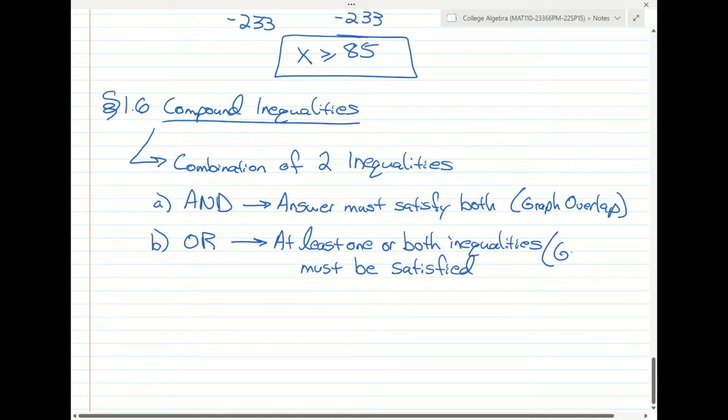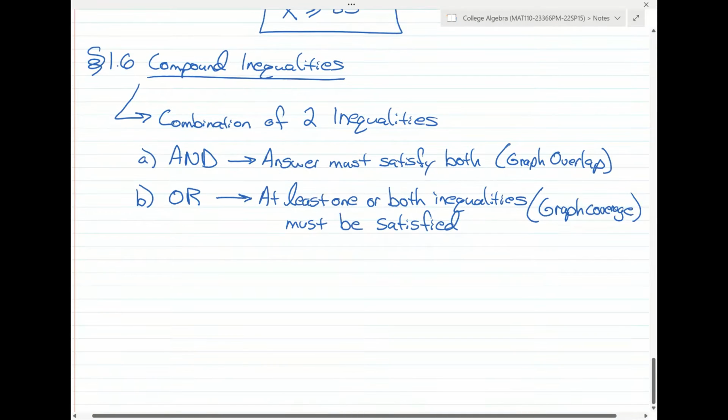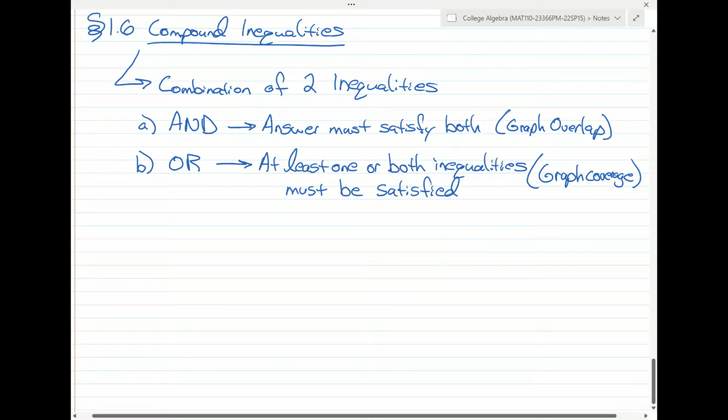On a graph, this would just look like coverage. I'll show you what this means.